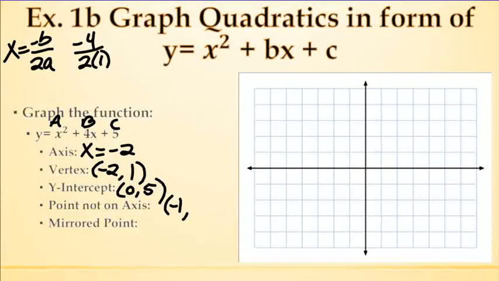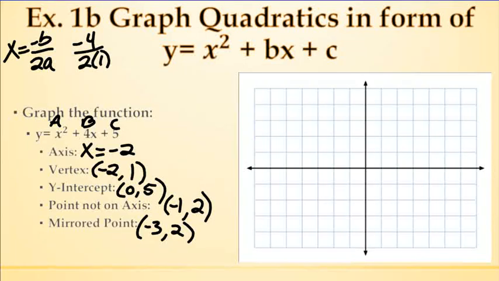Negative 3 plus 5 is a positive 2. And now if I want to mirror that point, the other side of the axis would be at negative 3. The y-coordinate would still be 2. Now I have all my points, and now I can graph.